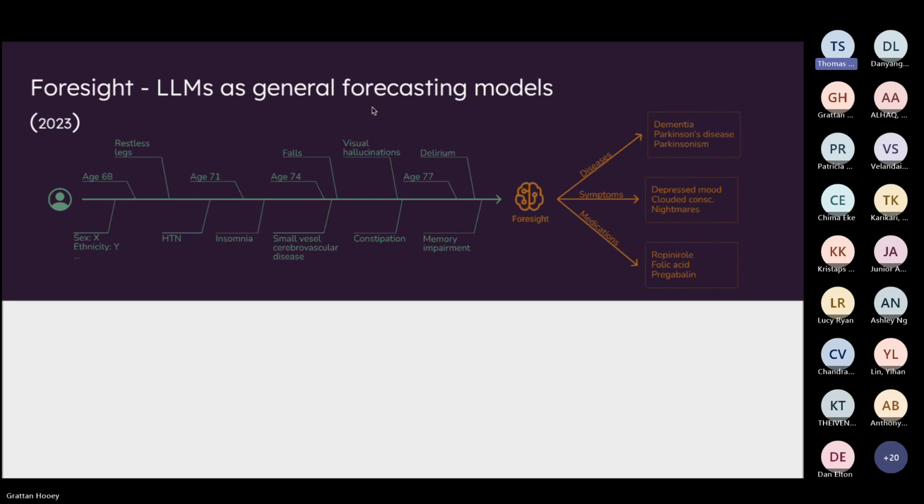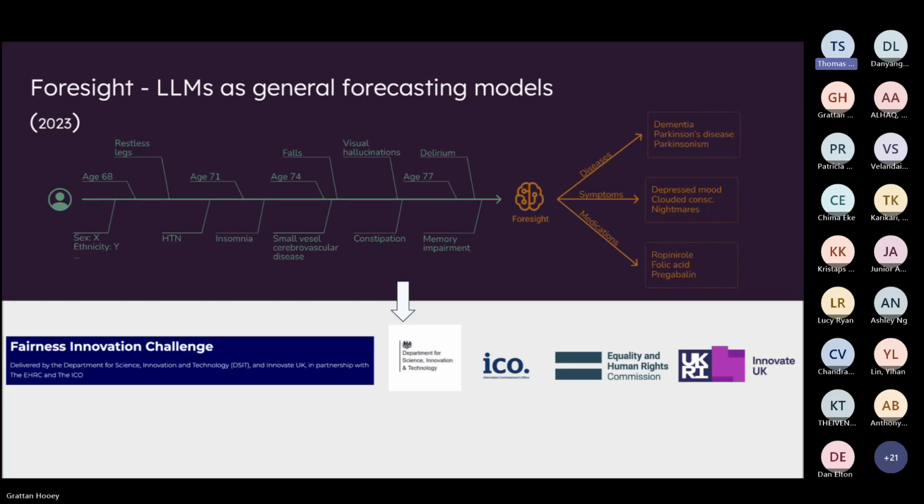And so this has led to a partnership with regulators. In this instance, we partnered with DCIT, the ICO, the Equality Commission, and Innovate UK on running the Fairness Innovation Challenge, which was a challenge set up this year to explore socio-technical solutions to issues of fairness and bias in AI.